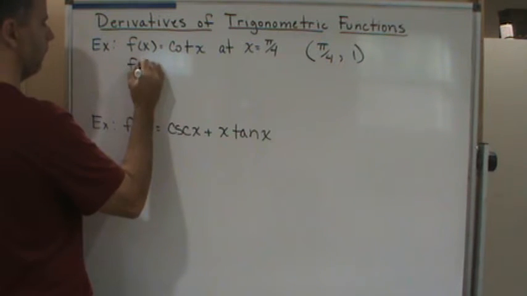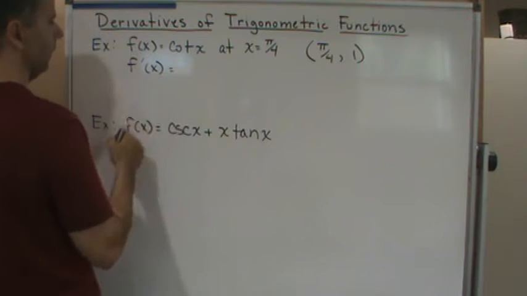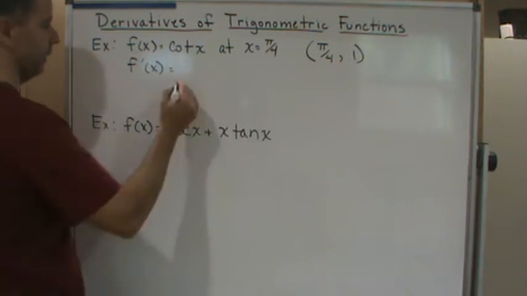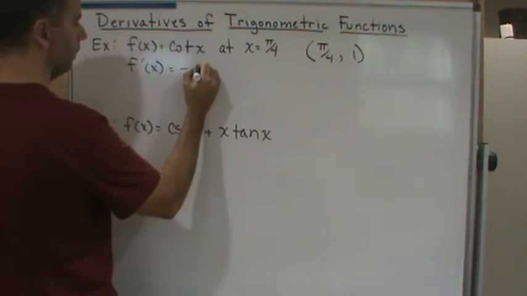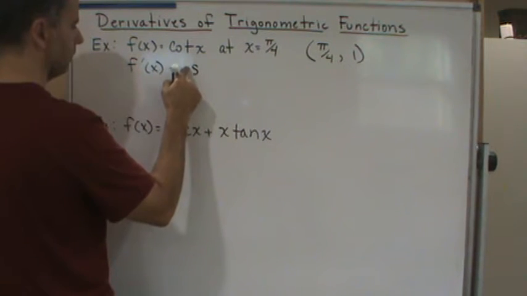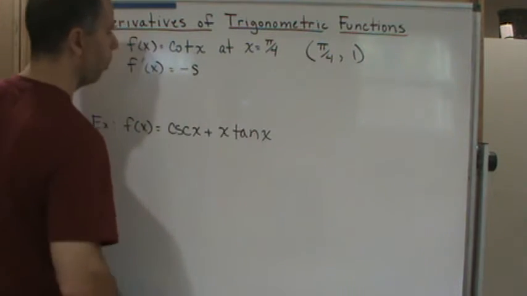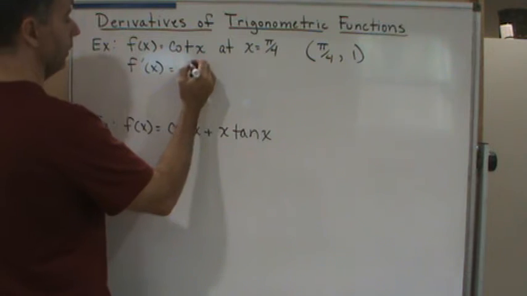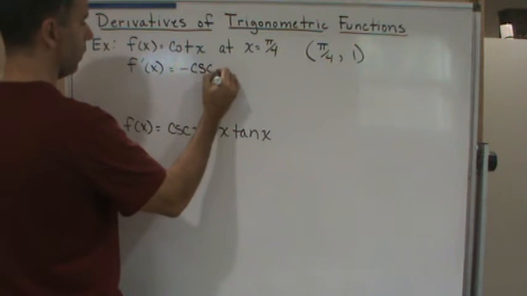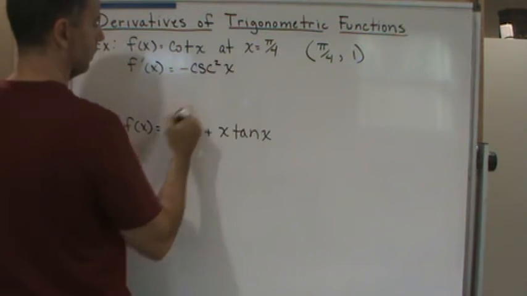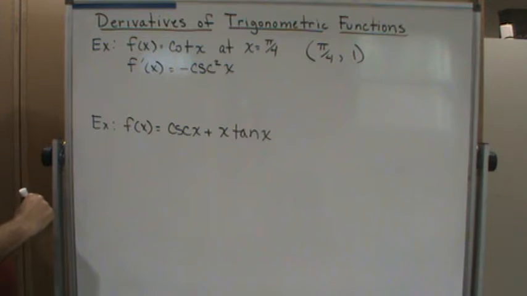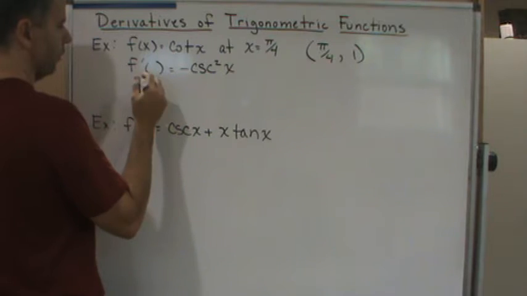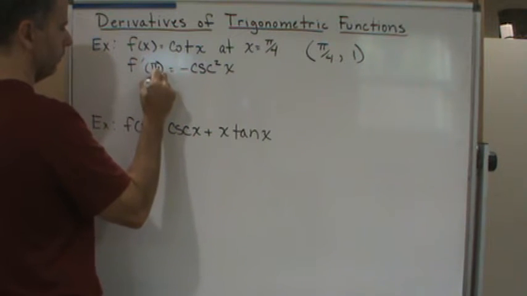So f prime of x, the derivative of cotangent, is negative cosecant squared x. Now we need to know the slope at pi over 4.